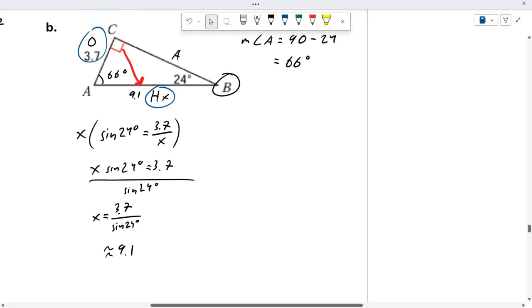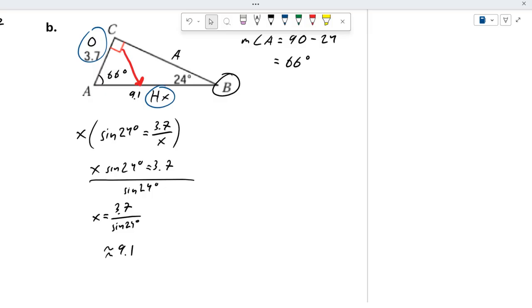Now we're missing one side. And at this point, you've got some options. You could use the Pythagorean theorem here, because you can use it anytime you have a right triangle and you know two sides and you're looking for the third side.